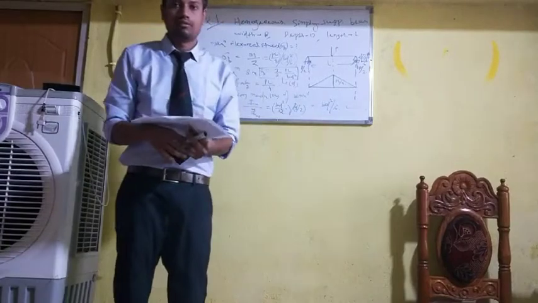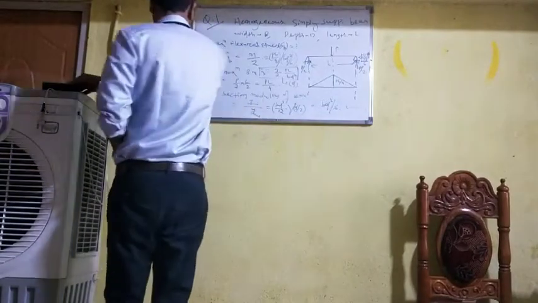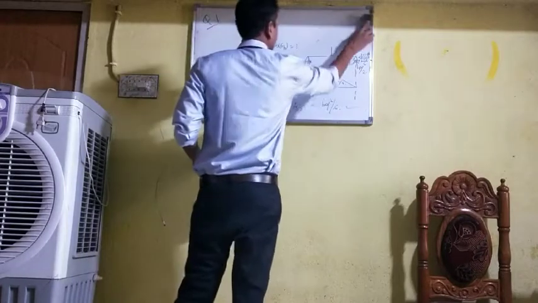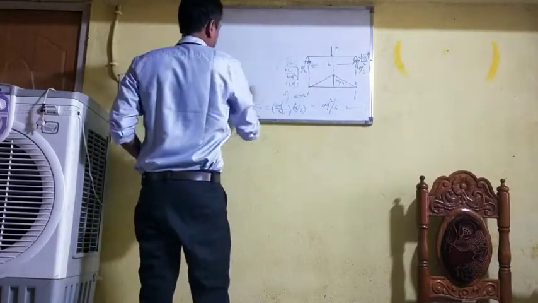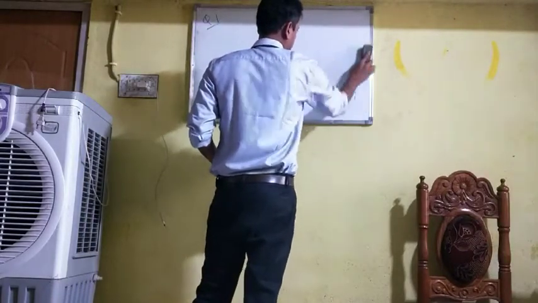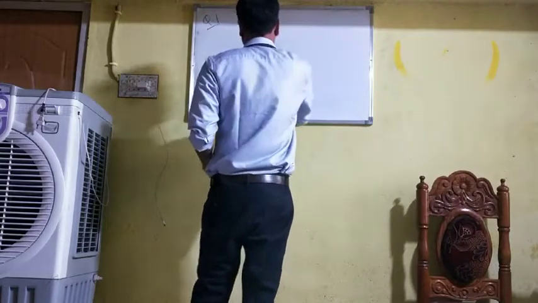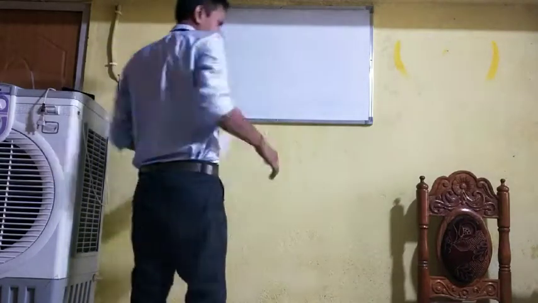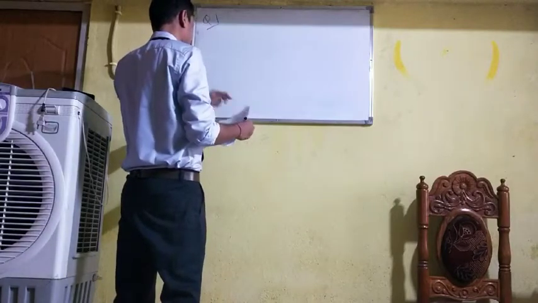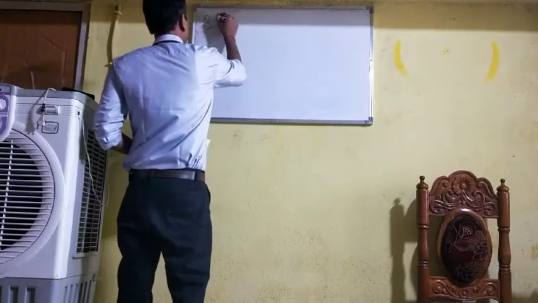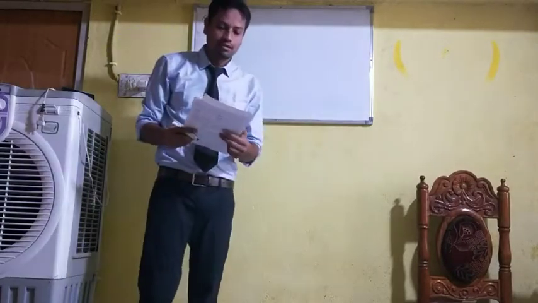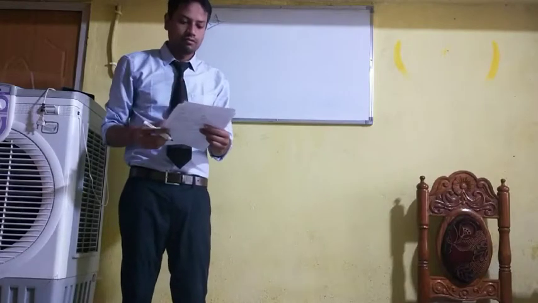Okay, then let's move to question number 2. Question number 2 says, there is a beam of rectangular cross section.